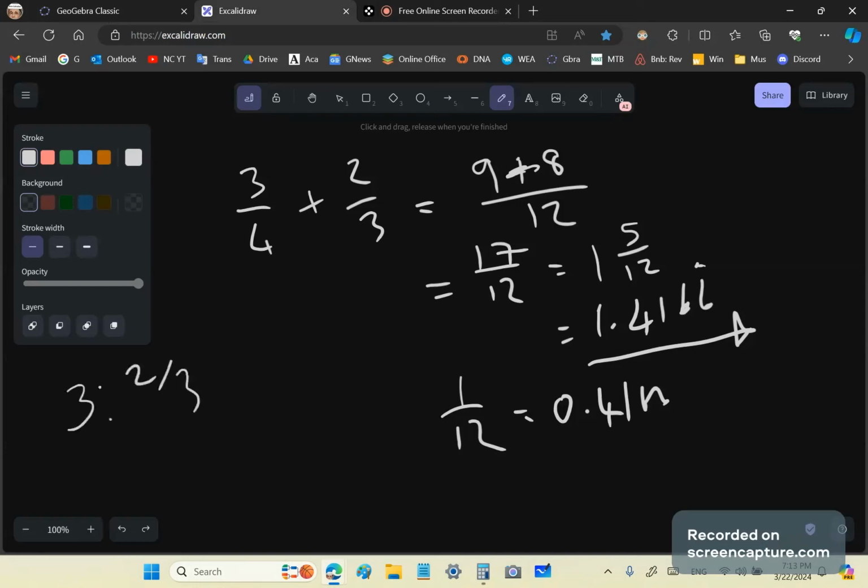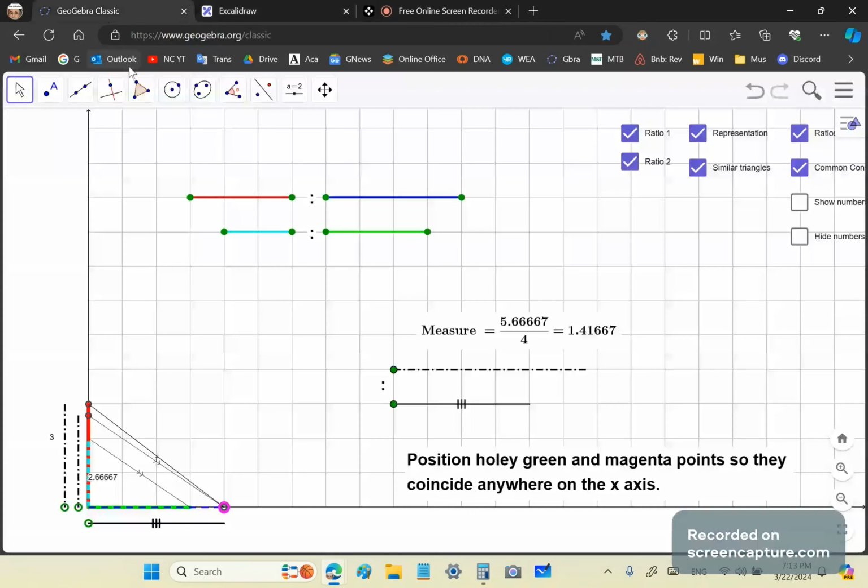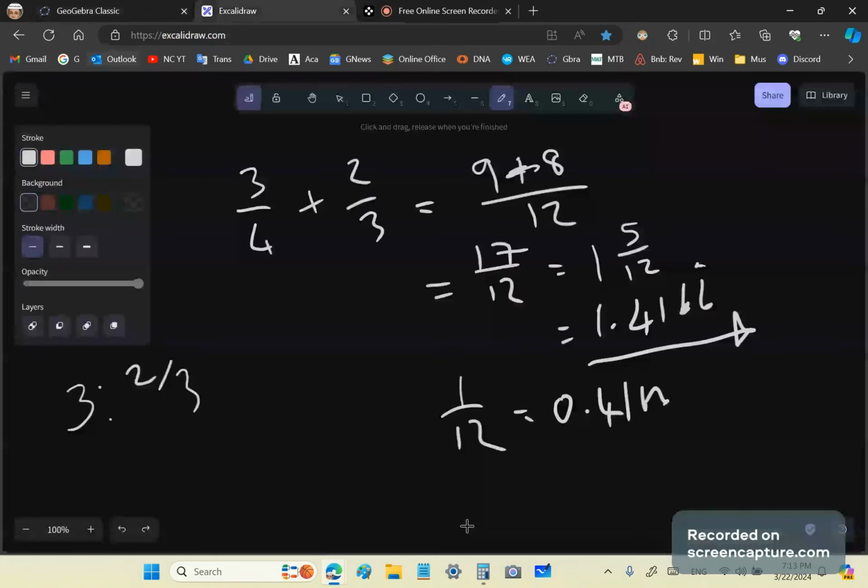So can we check that? How do we check that? It's very easy, isn't it? We'll just take 3/4 and divide it by 2/3. So we'll say 3/4 divided by 2/3, which is essentially the same as, and I'm just taking a shortcut here, 3/2, which is 9/8, right?